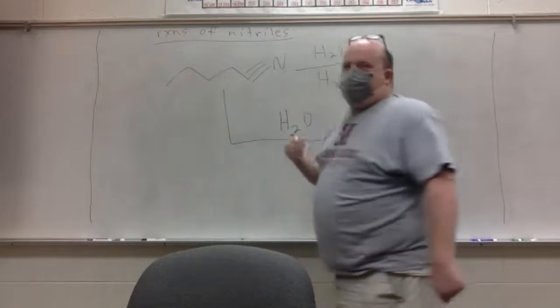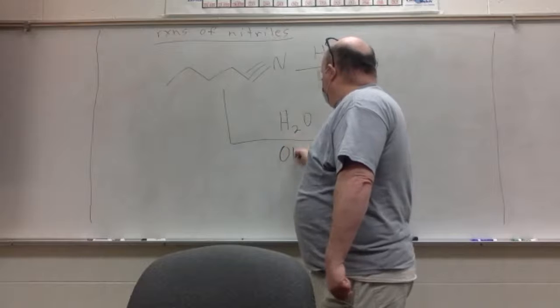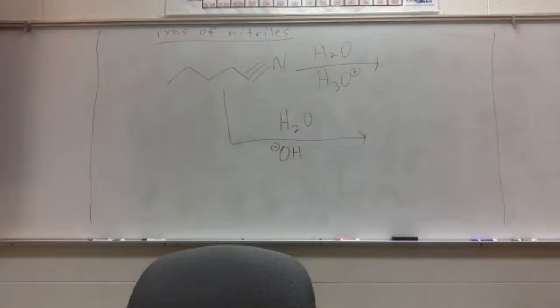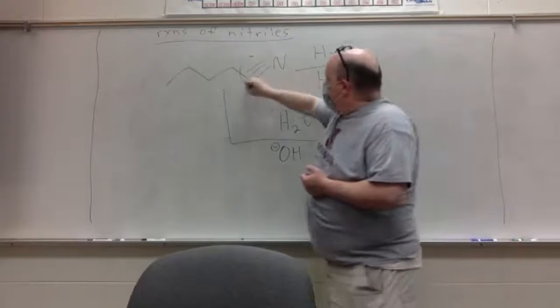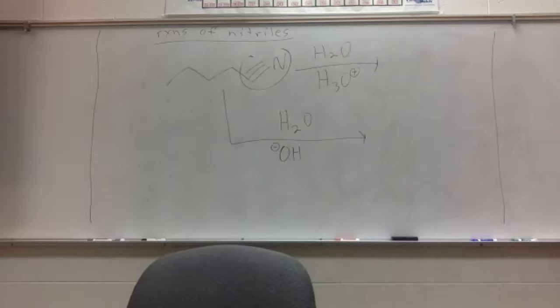So that means either in the presence of hydronium or in the presence of hydroxide. And they lead to very, very similar products with one important little difference, all right? So basically what's going to happen here is that your CN group is going to get transformed, all right?